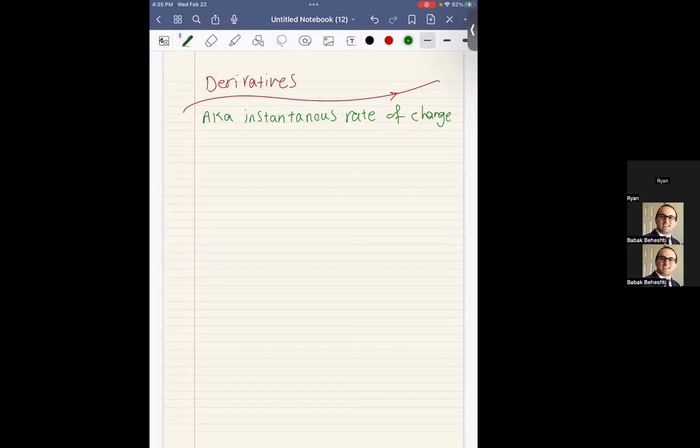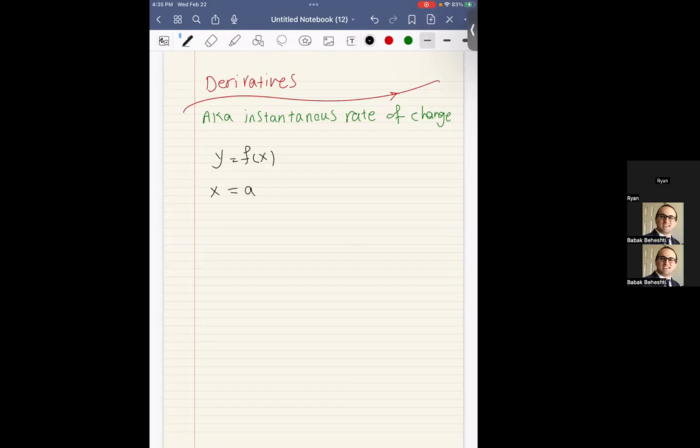So what is the definition? Or what does this concept basically mean? First of all, what is the rate of change? If you have a function like y equal to f of x, rate of change means, we look at x equal to a.